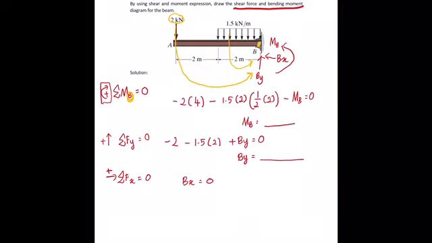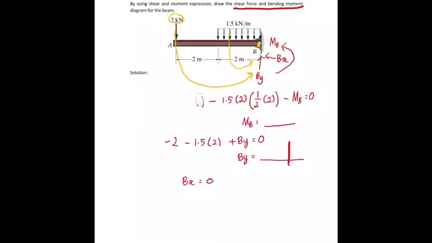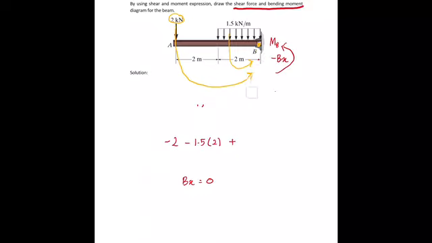Okay, so we've done with the support reactions, and then you have to cut the segment. So I erase this one. To cut the segment, since this question did not give you any direction of cutting, you can cut from left or cut from right. It's up to you which one is the easiest.